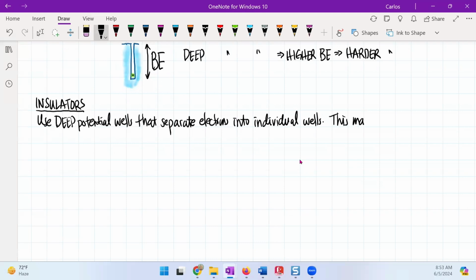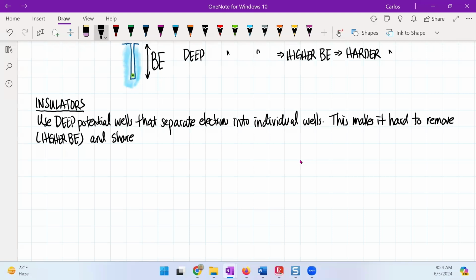This makes it harder to remove. And what do we mean by remove? They have higher binding energies.